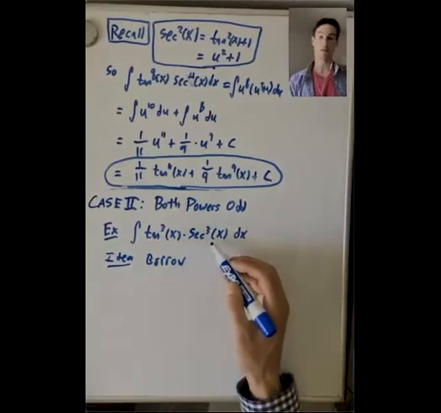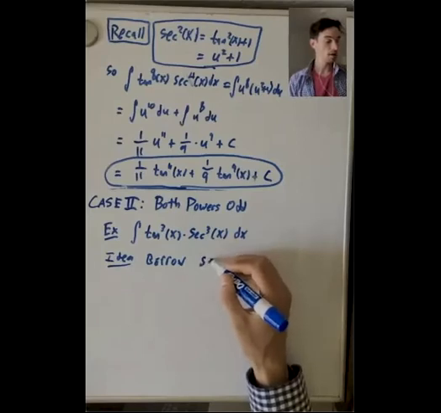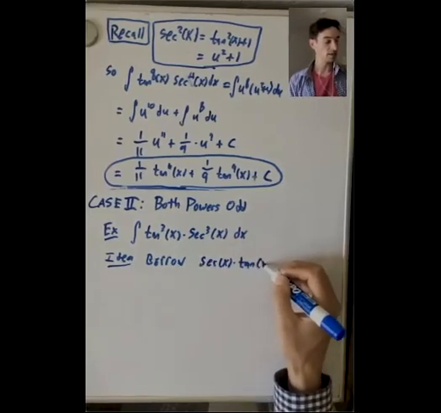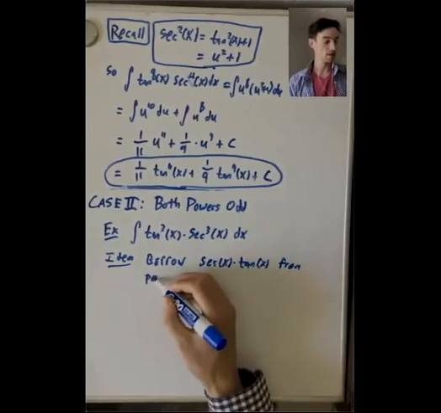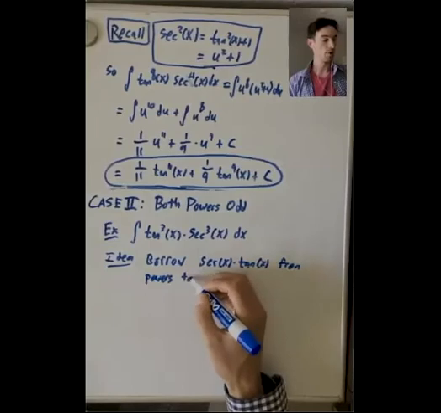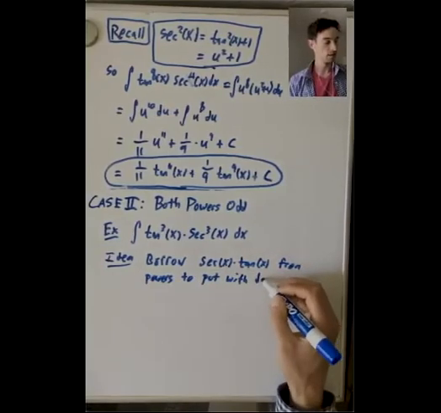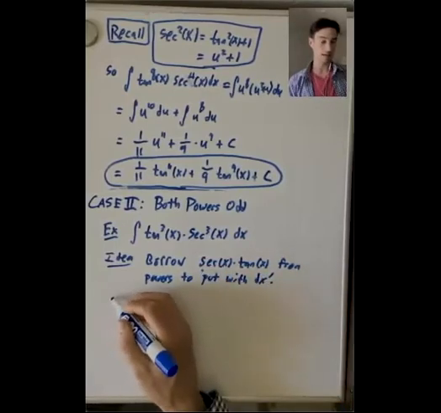Now, in the case when both powers are odd, we're going to borrow one secant and one tangent from the powers to put with the dx. So this is a little informal, so let me explain what I mean.